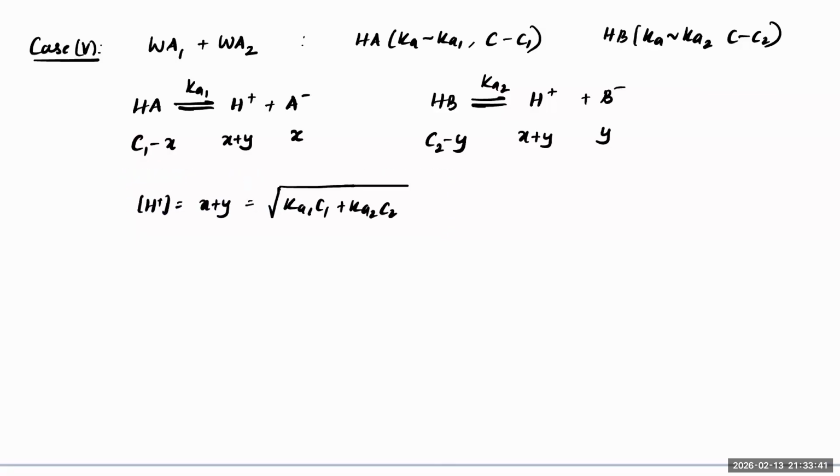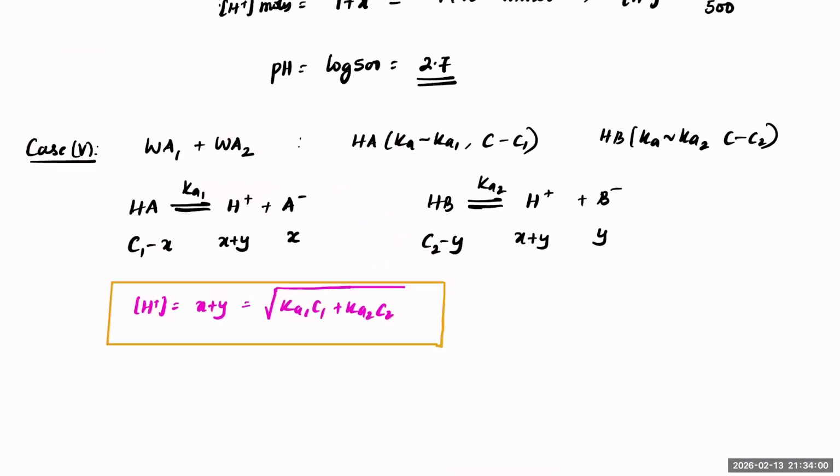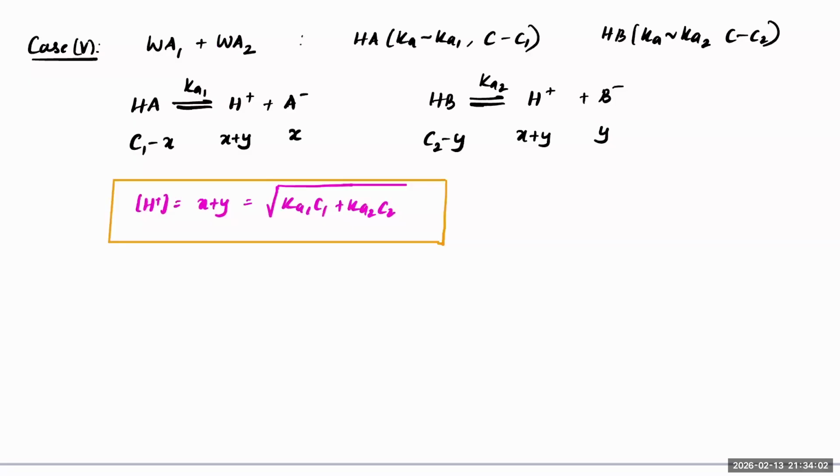Instead of worrying about something, you can directly use it like a formula. Done. So in the case of weak acid, weak acid mixtures, I request all of you to remember it like a formula. It is under root of Ka1 C1 plus Ka2 C2.